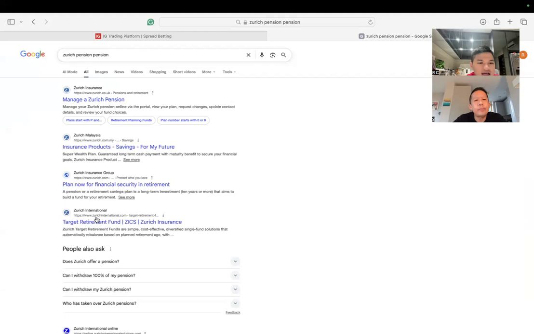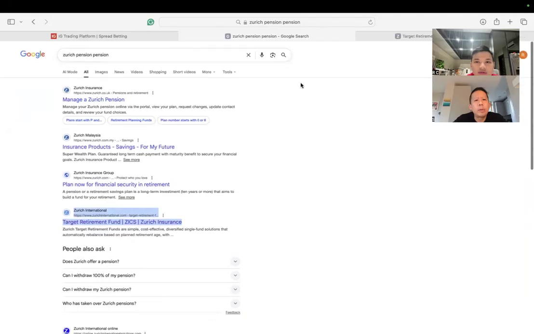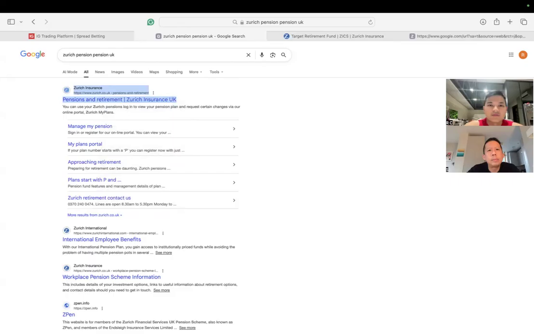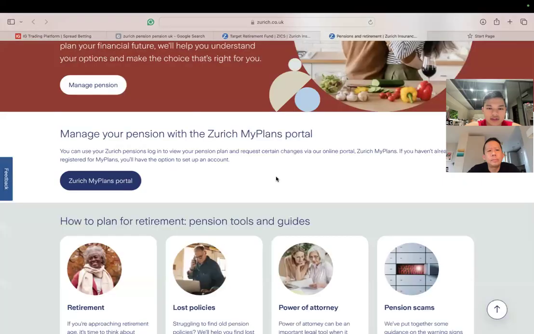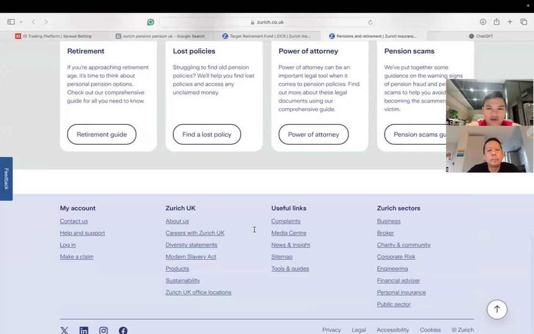So let's say, for example, a target retirement pension. Just give me a second. Actually, let's use ChatGPT just to see what the return of your pension is, something like the Zurich private pension.